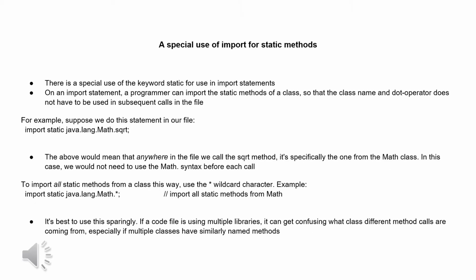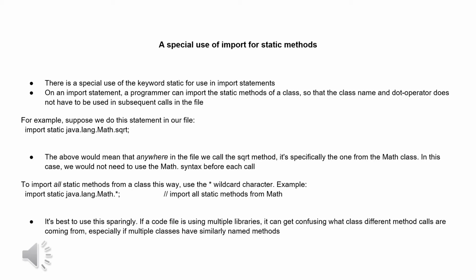Well, in the previous slide, I showed you how you can easily call a method. For example, for the method sqrt, you first write down the name of the class, Math, then dot, then the name of the method, sqrt: Math.sqrt. So what if you need to call this method several times in your program?